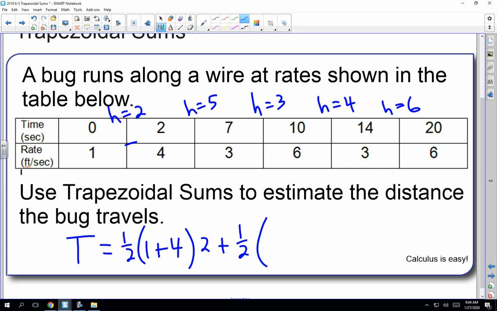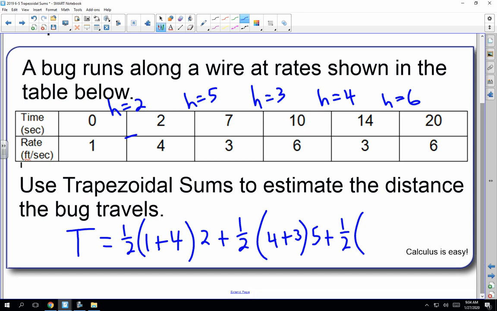And then the next one, we have 1/2 of, this time instead of 1 plus 4, we've got 4 and 3, right? Next two, so we got 4 plus 3 times the height of 5, plus 1/2. What are the base 1 and base 2 of the next two? 3 and 6. Yeah, and that's the 3 plus 6 times 3, good.